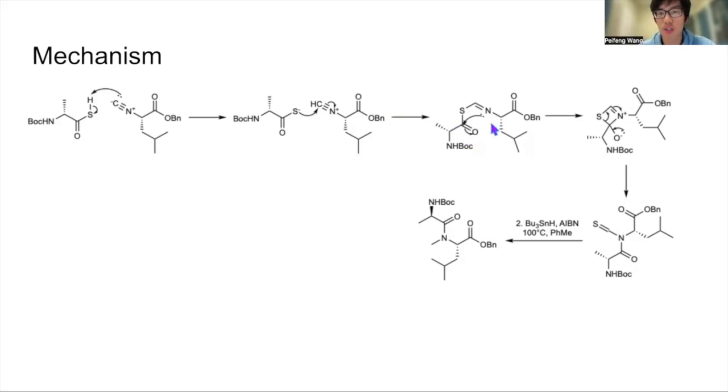After this step, we perform an intramolecular carbonyl attack to form a 4-member ring. In the next step, the 4-member ring will rearrange to form this sulfur-containing intermediate. And lastly, we use this reagent to do a radical reduction to form this fragment that will be used to synthesize fragment 3 that was mentioned in the previous slide.